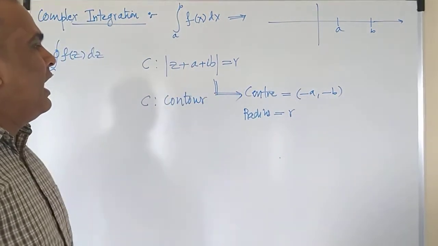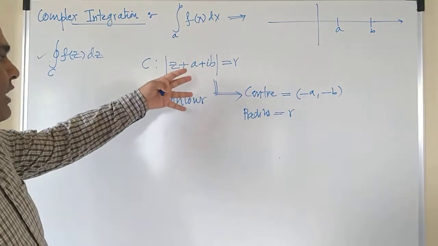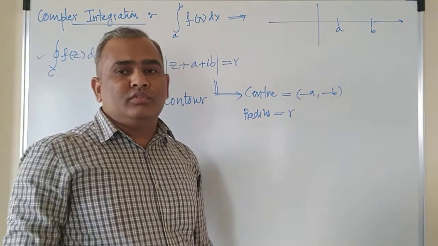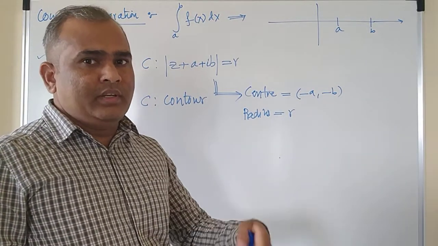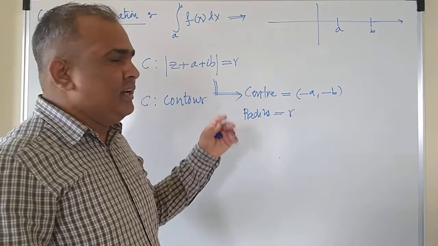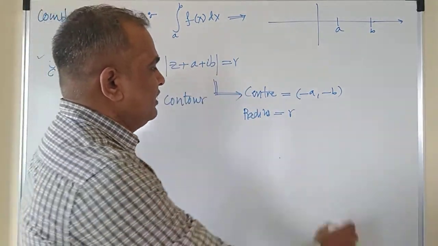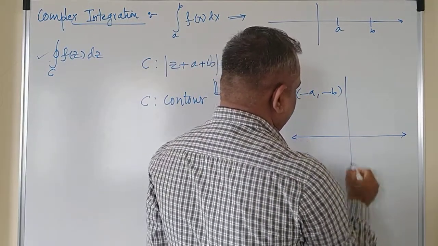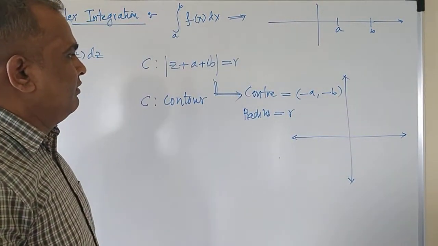Let's go ahead and try to solve some problems based on this basic fact, so that you can understand this. And based on this, we have to solve the complex integrals using the residue theorem. That's the next part. But before that, this is a very primary and preliminary part. Once you know the center and the radius, you can then draw the diagram so that you can understand it very clearly.